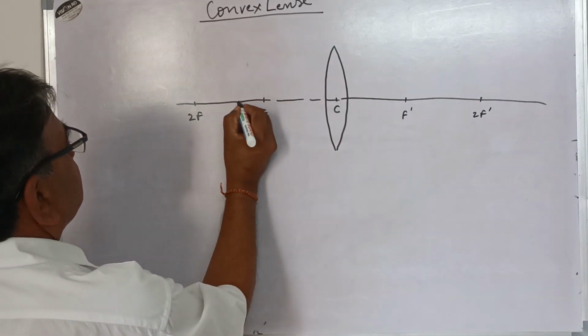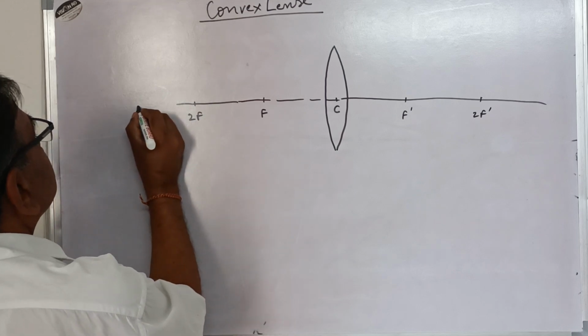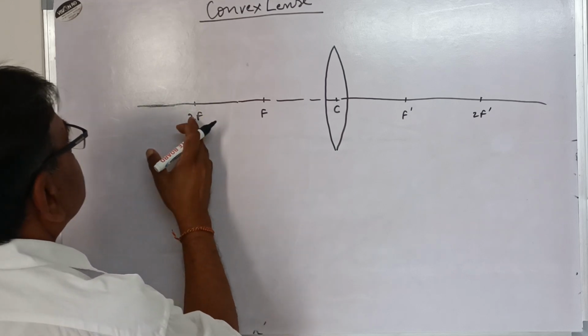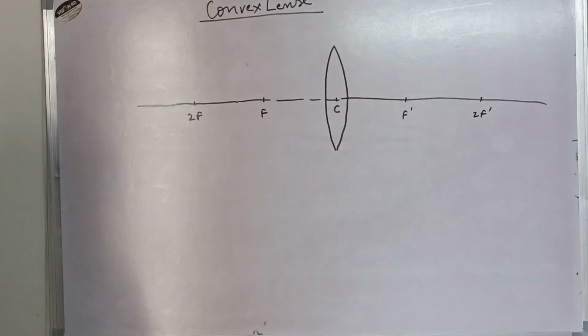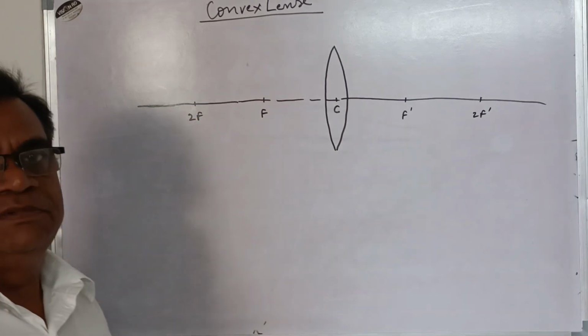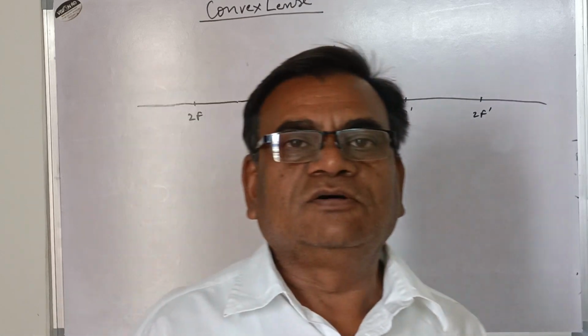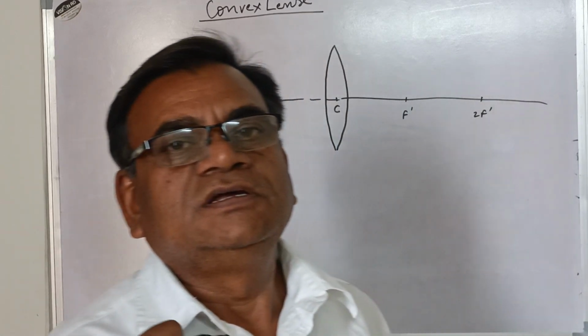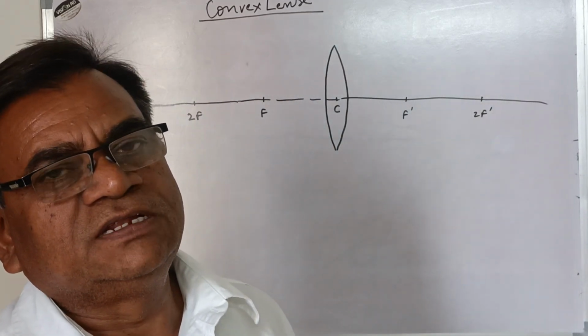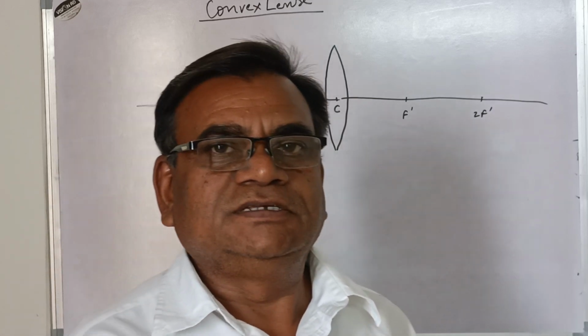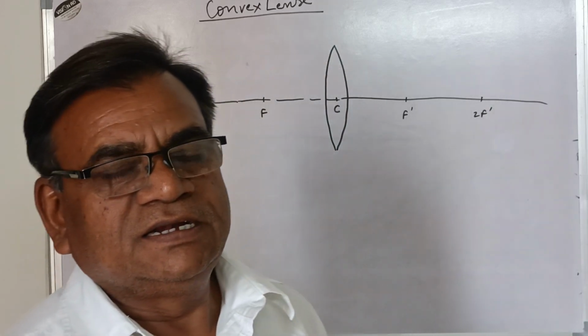So you know that this is the case when the image is at 2F. It is clearly the case that when the object is placed at 2F, the image is formed at 2F and image is of the same size and it is inverted and real.